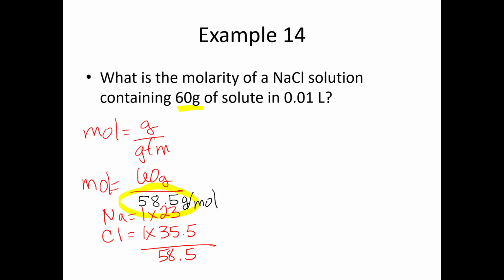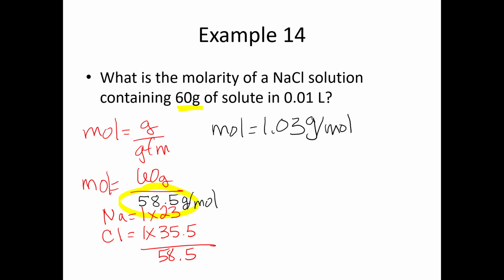This is one I'm not going to do in my head. Okay, so 60 divided by 58.5 gives us 1.025, so I'm going to round that to 1.03. So we have 1.03 moles. So that's where we are at the moment.